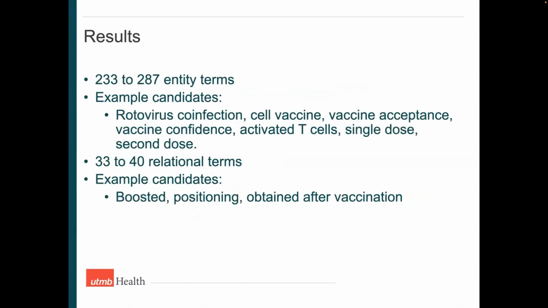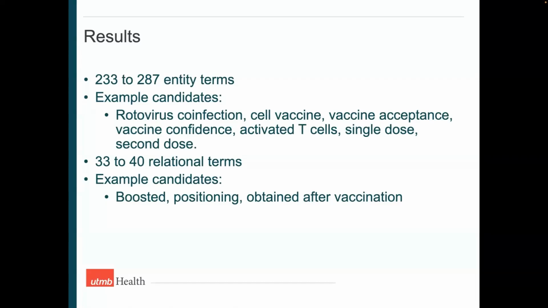So from our examination of the NLP methods applied on the 20 PubMed Central abstracts, we revealed about 233 to 287 entities as possible candidates for inclusion into VO, and 33 to 40 relational terms.